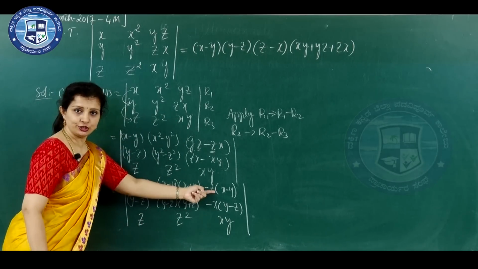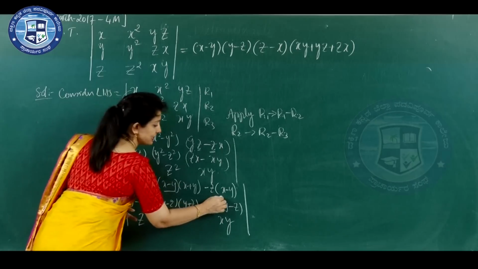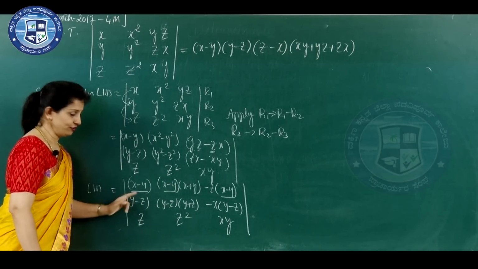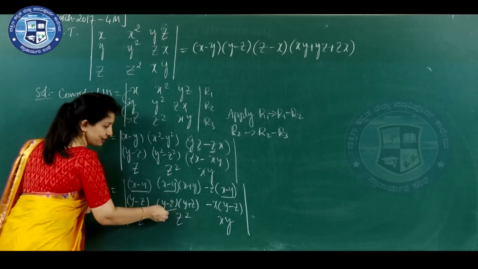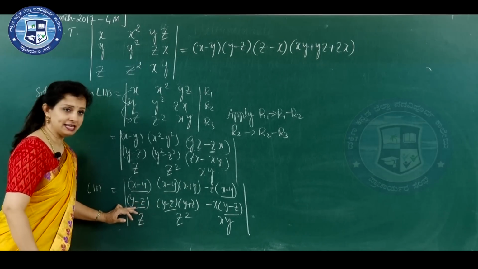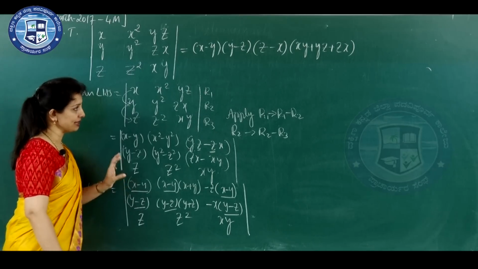Observe in the first row, x minus y is a common factor, x minus y, x minus y, x minus y. So, x minus y is taken out from the first row. What about the second row? Y minus z, y minus z, y minus z. Y minus z is a common factor in the second row. These two factors can be taken out.